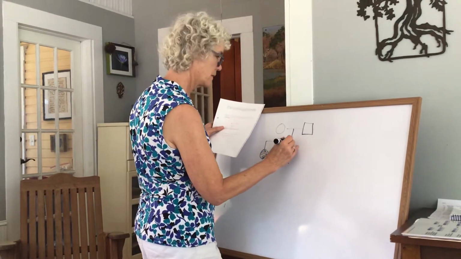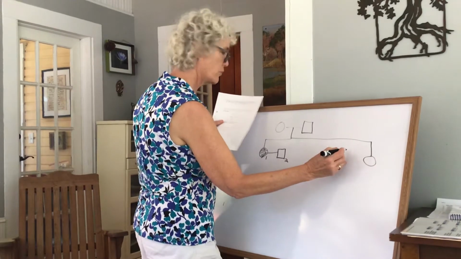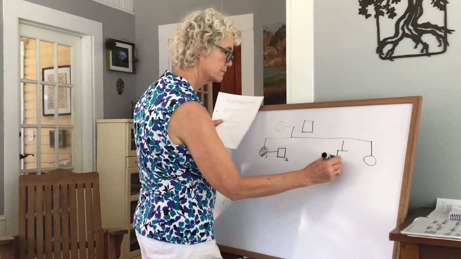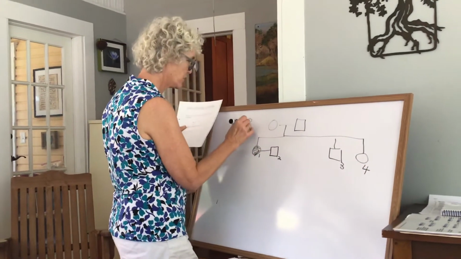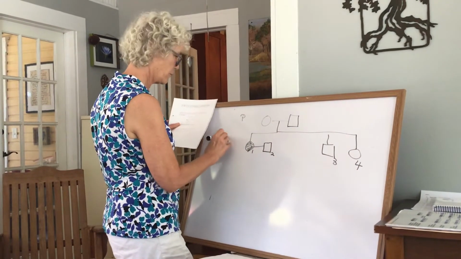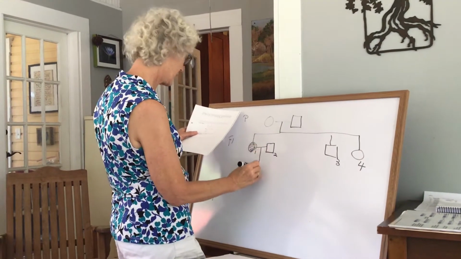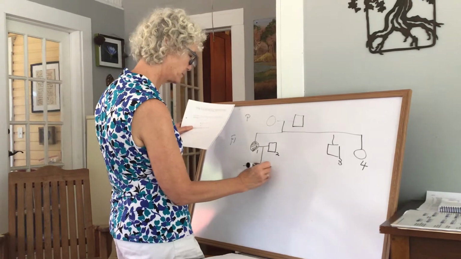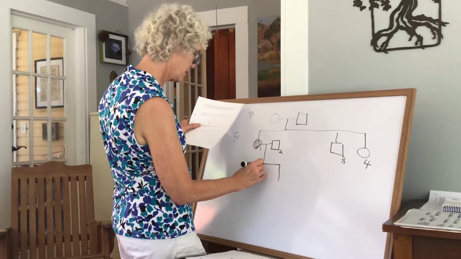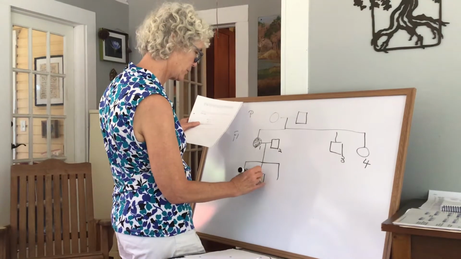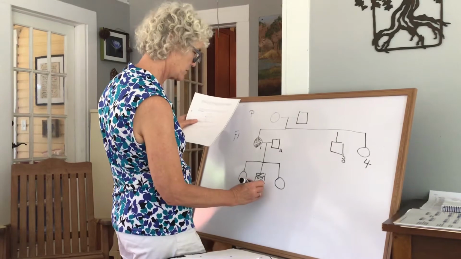And these other people were normal. So this is the parent generation. This is the F1. Then it's showing that this couple had 3 children: a female, a male that is feeble-minded, and another female. 1, 2, 3.